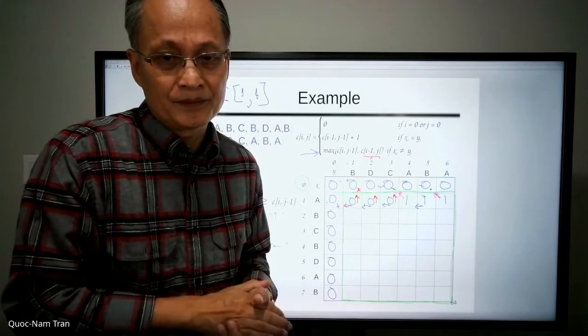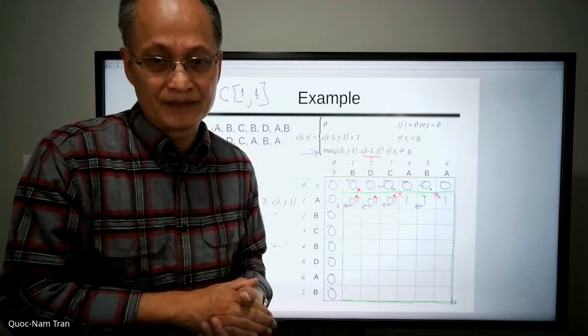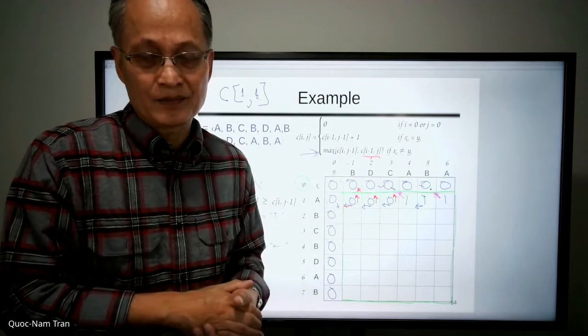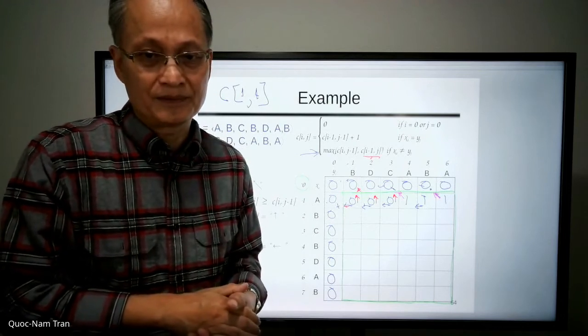Okay, 2, 1, 1 diagonal, very good. Okay, and then the next one, 2, 2, 2, 3, 2, 4.